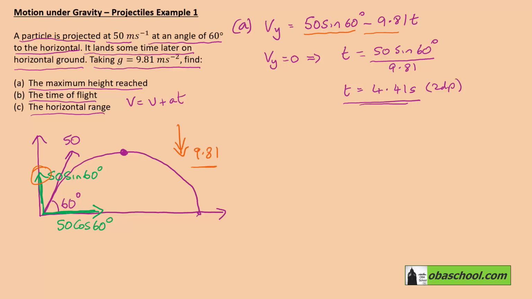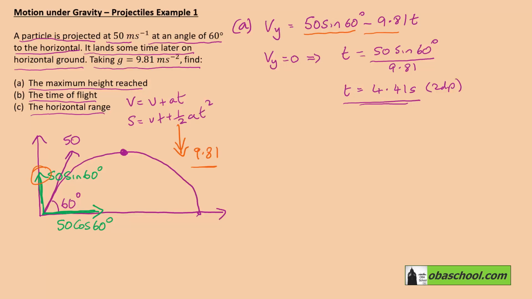Now for the vertical height, I'm going to use that y is equal to, well, let's actually just state the formula first. So I'm going to use s equals ut plus a half at squared.